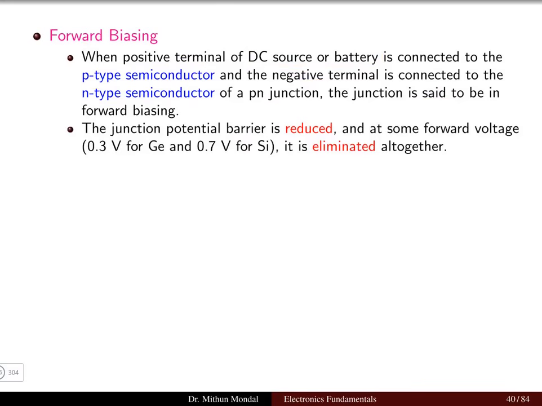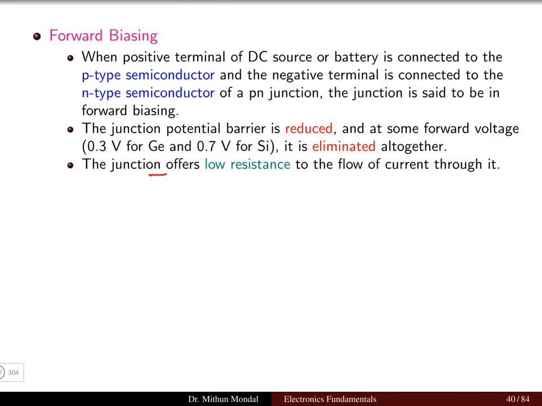So the junction barrier potential will now reduce at a certain forward voltage, which is 0.3 volt for germanium and 0.7 volt for silicon, and it will be eliminated altogether. So there will be no barrier potential if the applied source voltage is more than the barrier potential. The junction will offer low resistance to the flow of current through it.